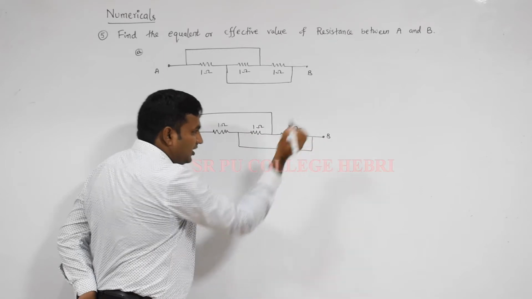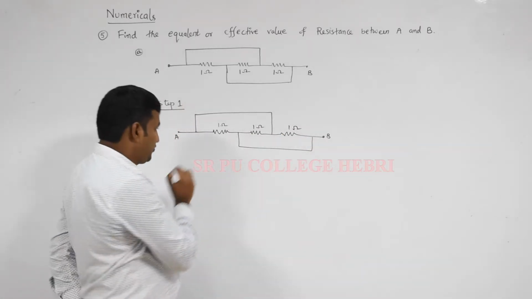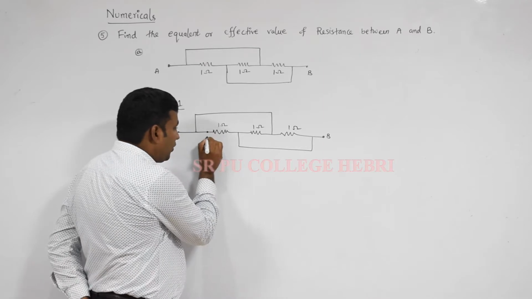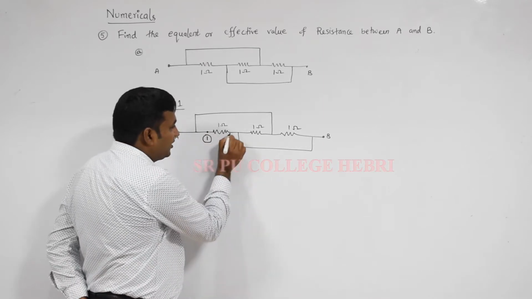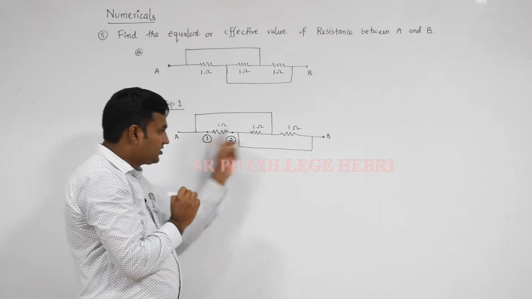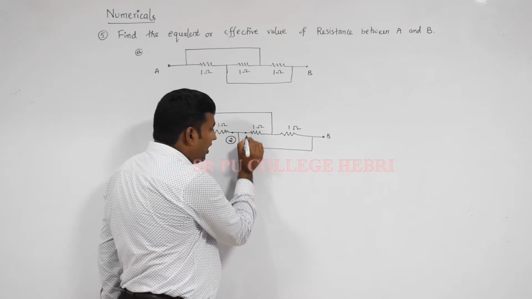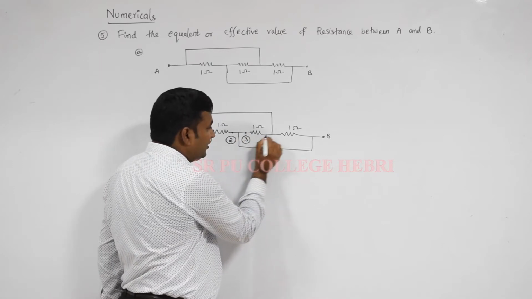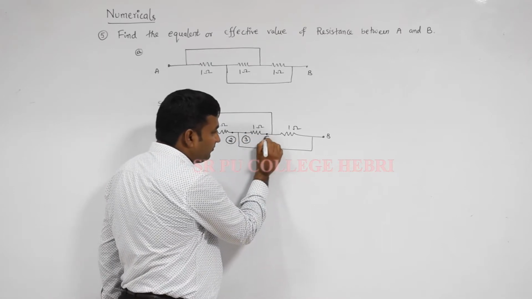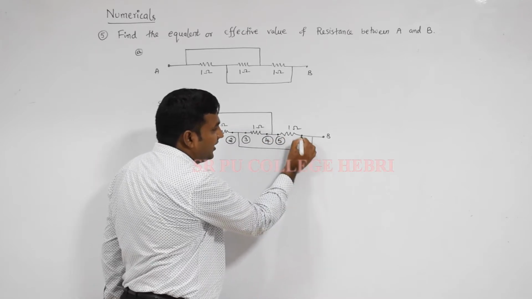I will do the naming by using numbers. This end I call it as 1, this end I call it as 2. Total 3 resistors are there, containing 6 ends. This end I call it as 3, this end becomes 4, this end is 5, this end is 6.